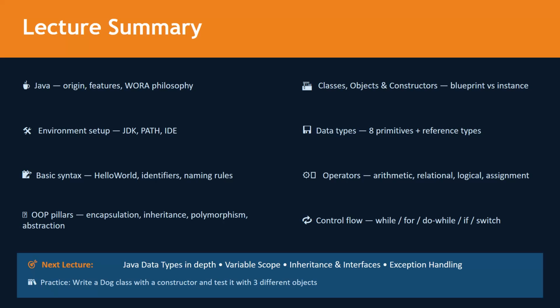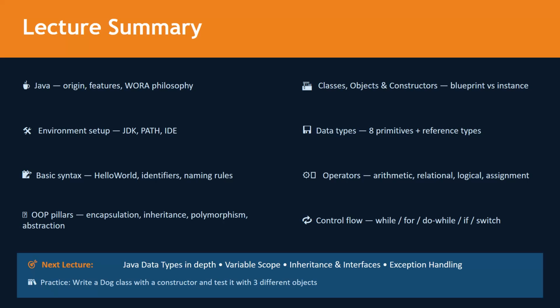But in the first lecture, we looked at Java, the origin, the features, and all the philosophy about Java. We looked at classes, objects, and constructors, being the blueprints versus the instances. We looked at the environment setup, JDK, path, IDEs, and so on.